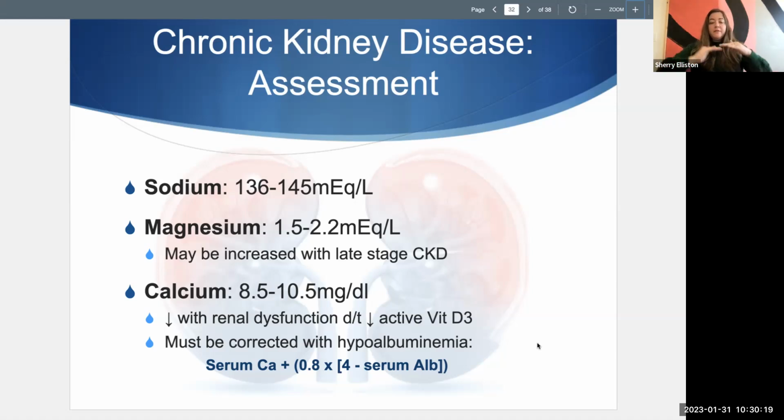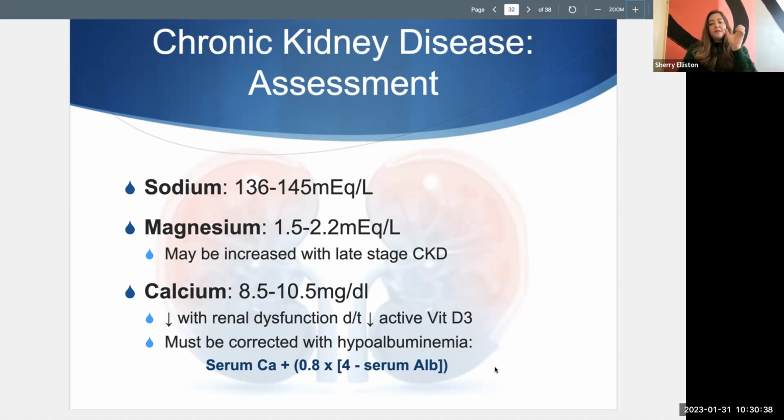When you have calcium values, the calcium levels need to be corrected if albumin levels are low. So again, in your case study, I think this was question 1 or 2, this is how you correct. It's an easy, short equation.